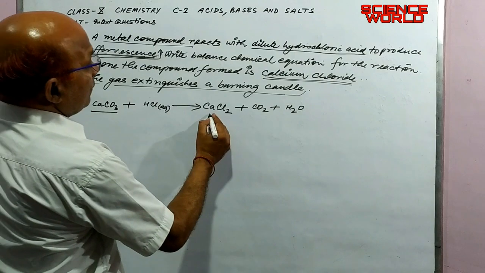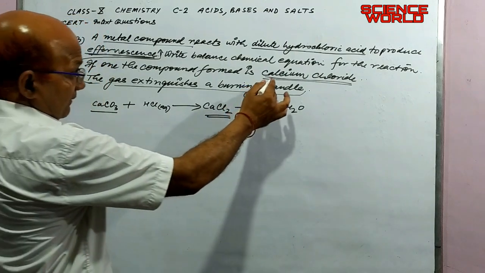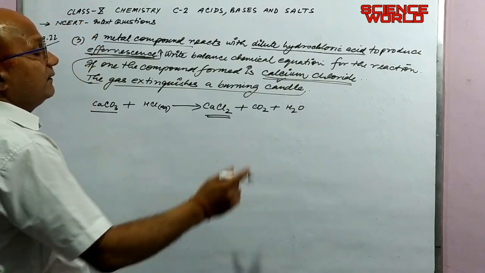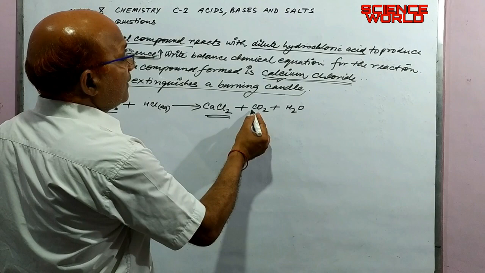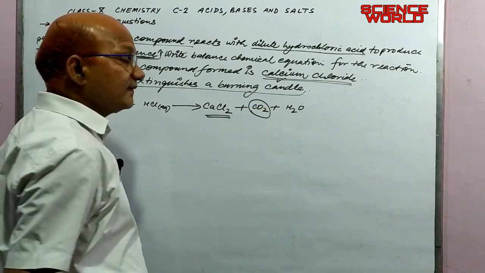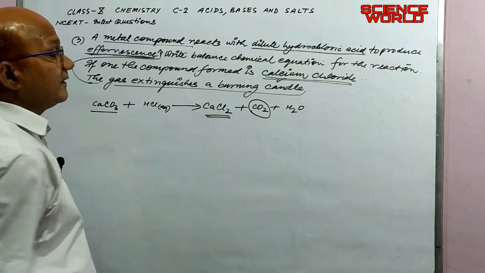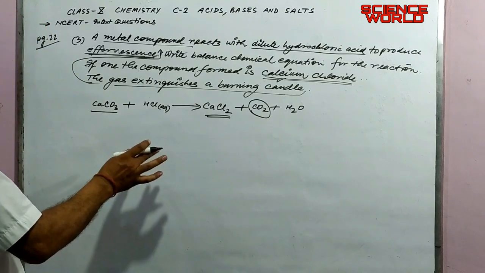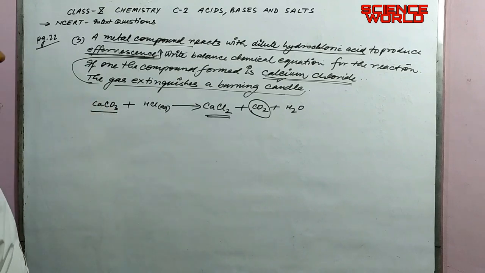So, one of the substances formed is calcium chloride, it is given, and brisk effervescence is produced. It means it is because of carbon dioxide. So, if carbon dioxide gas is releasing, it means surely the metal compound is some metal carbonate. Okay.